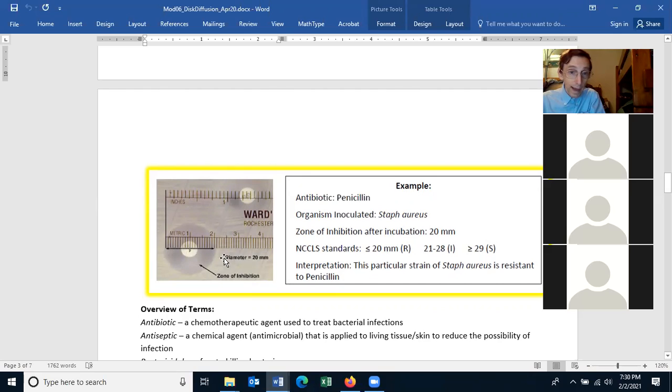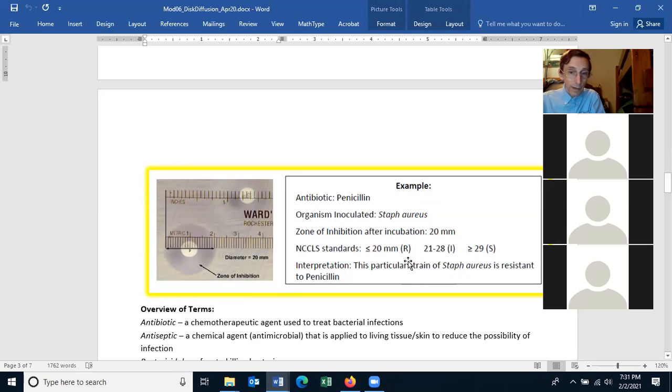And then you look that up in a table, the NCCLS table, which is the standard table. If the zone of inhibition is less than or equal to 20 millimeters, then we say that this bacteria is resistant to that antibiotic. If it's greater than 29 millimeters, then we say that that bacteria is sensitive to that antibiotic.